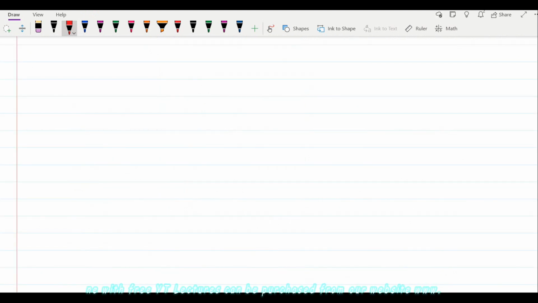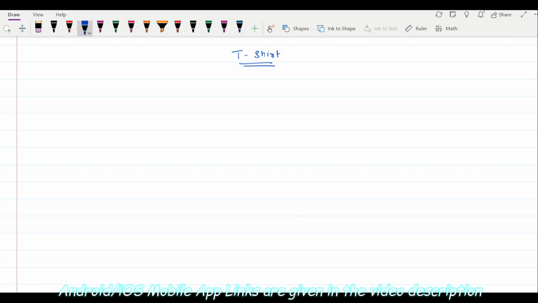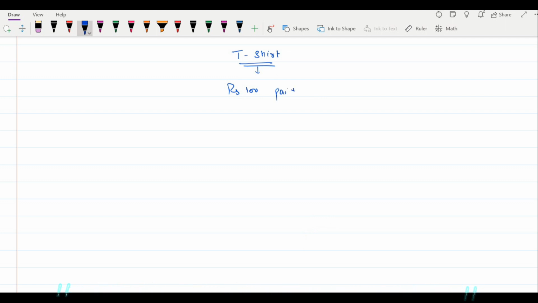Let's say you are into manufacturing a t-shirt. Right now, if you are manufacturing a t-shirt, obviously you will be incurring the cost on that t-shirt. Definitely, sir. Now, how you are recording the cost, let's look at that. You are recording the cost at rupees 100 paid to Ram.